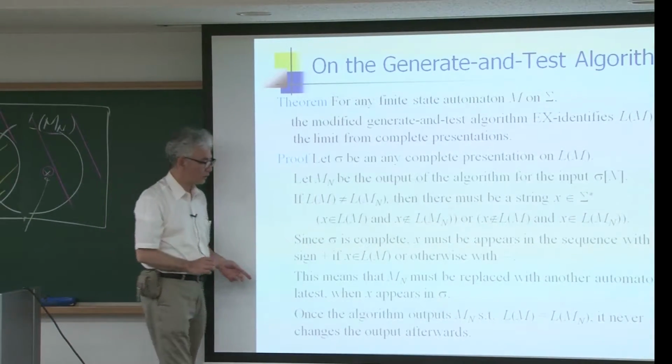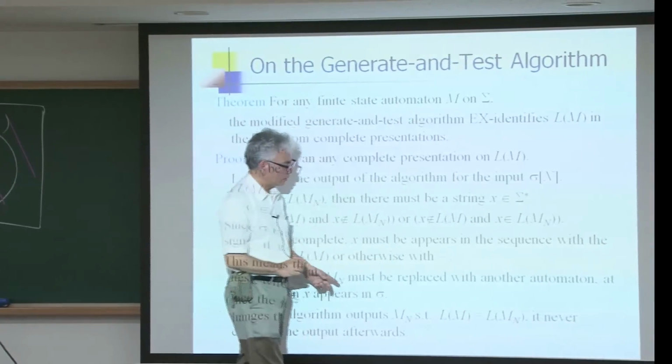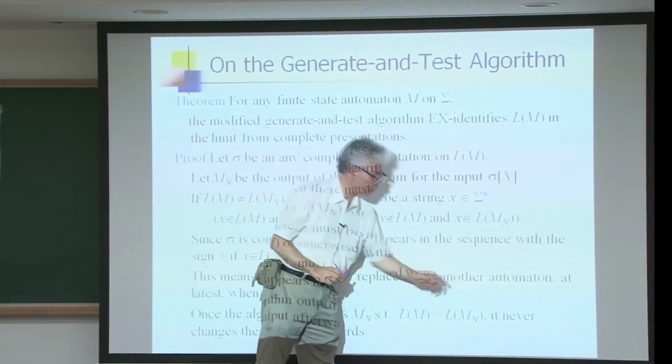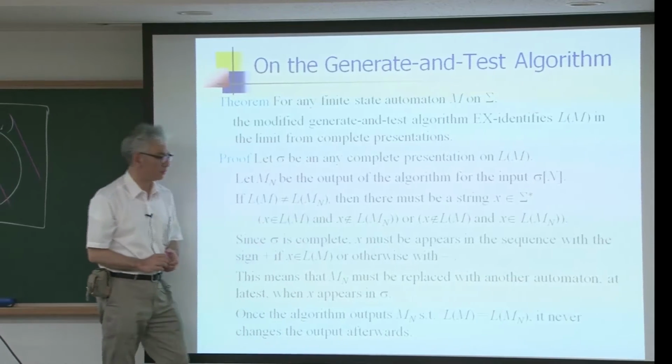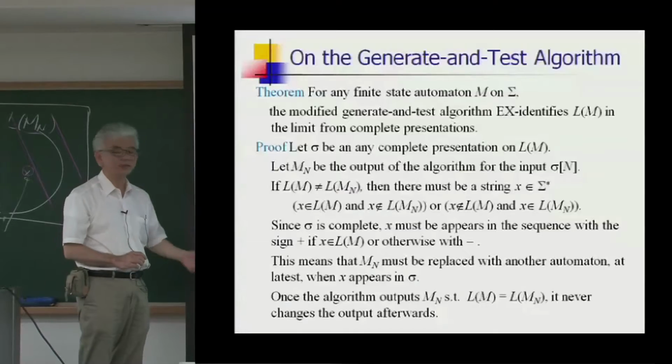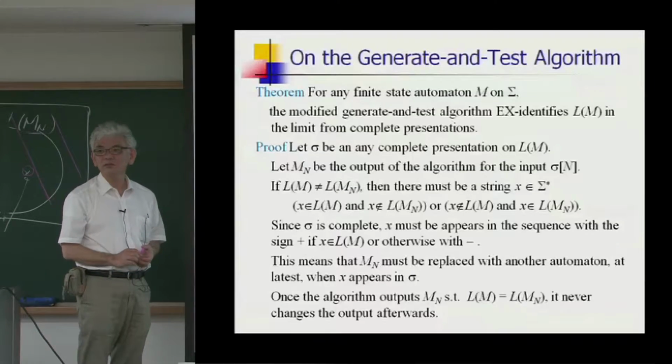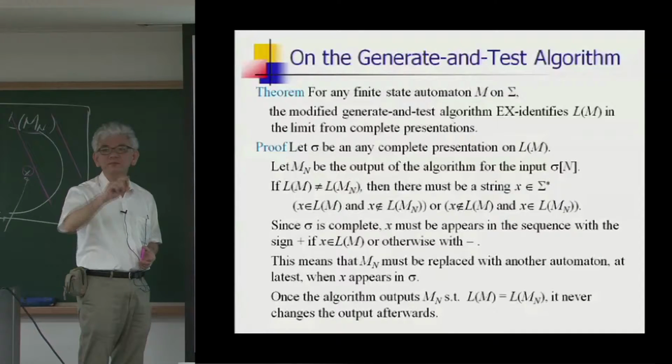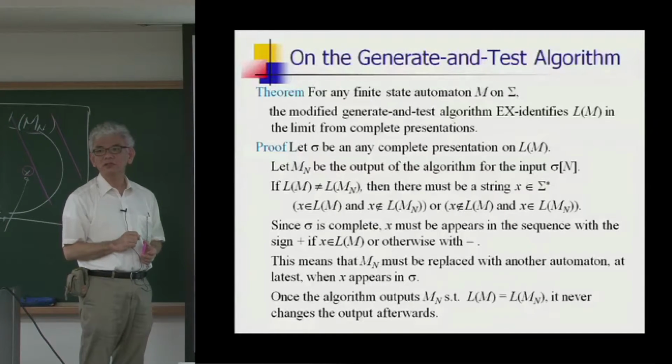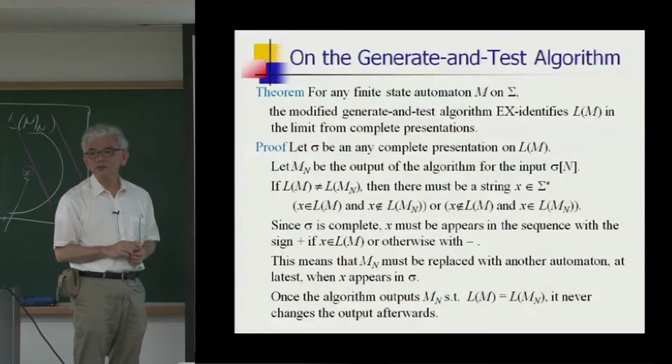Once the algorithm outputs Mn such that L of N equals L of Mn, then it never changes the conjecture because of the activity of the algorithm. This is the definition of the algorithm. So, the output of the algorithm converges to the correct unknown automaton.